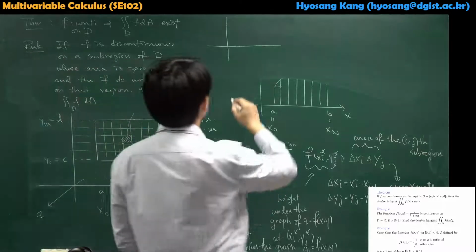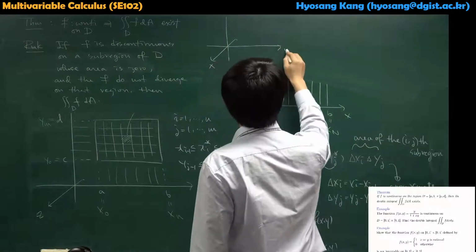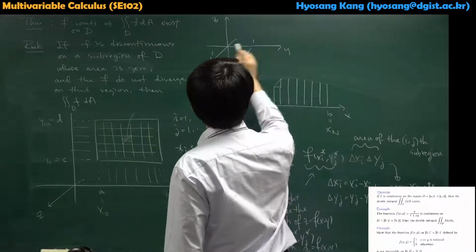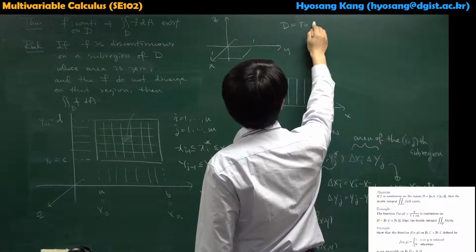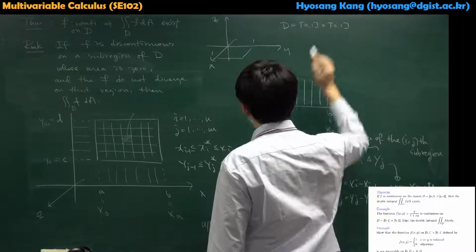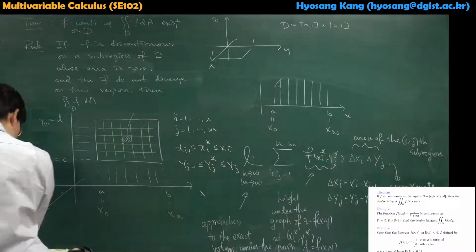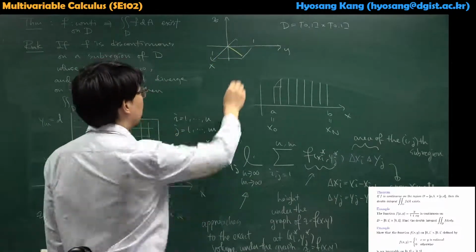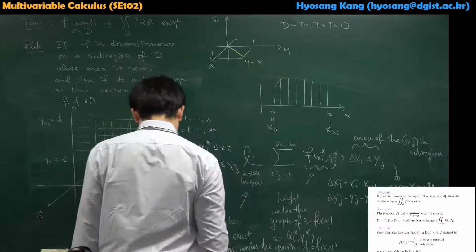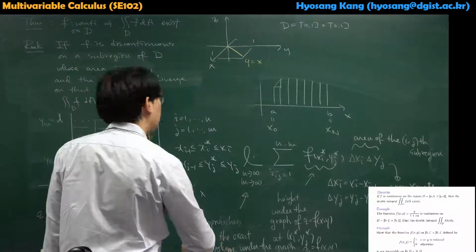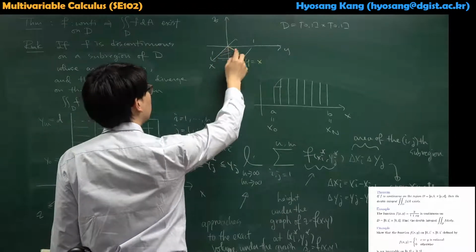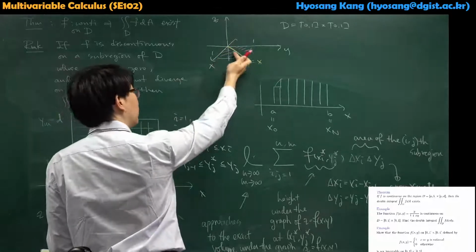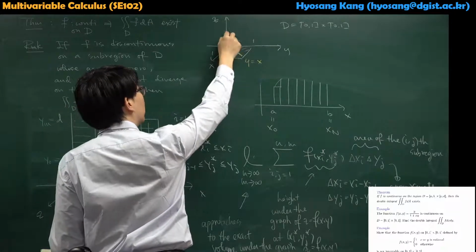So for example, let's say I have x, y, z here. Let's say I take D as 0 to 1 by 0 to 1. Okay. Let's say I take the line y equals x. Okay, so this is y equals x. And suppose that I have a function f whose value is 0 everywhere except on this yellow line, where we have value 1.